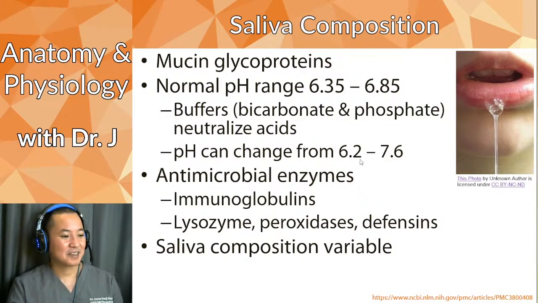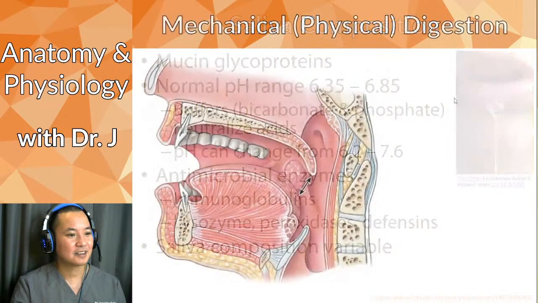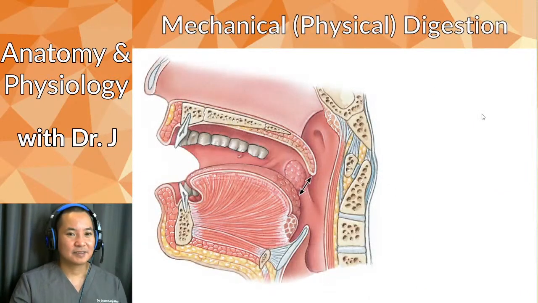And with this huge pH range, you notice that the pH of your saliva, and that's why there's not just one single number for this, is that your body can change the composition of saliva depending on the situation and what it needs to maintain balance in your body overall.